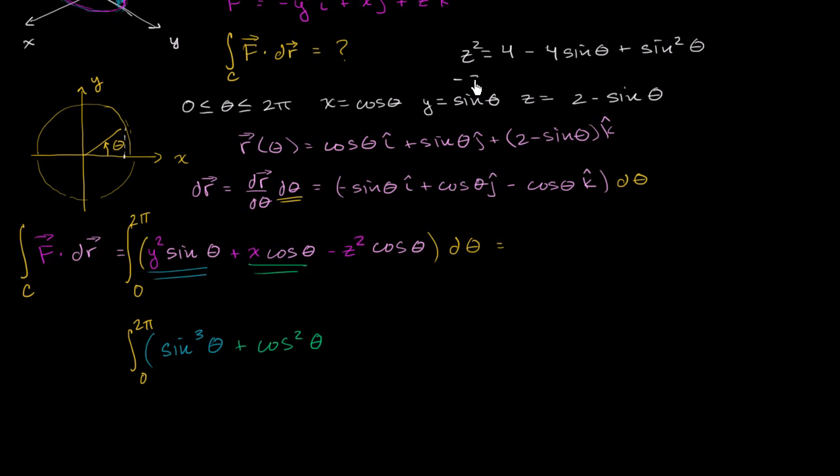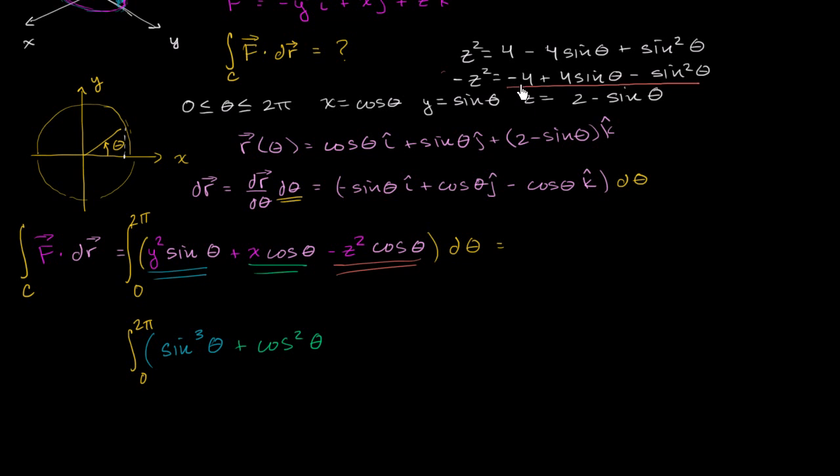So negative z squared is going to be equal to negative 4 plus 4 sine theta minus sine squared theta. And we're going to multiply that times cosine theta. Now I'll do it in orange. So all of this is going to be equal to cosine theta times all of this right over here.